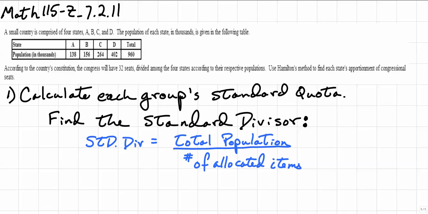The standard divisor will be equal to the total population divided by the number of allocated items. So in this case, the total population is given to us in thousands, so we'll use 960, and we'll divide by the number of allocated seats, which will be 32. And this will be equal to 30. So that's our standard divisor.